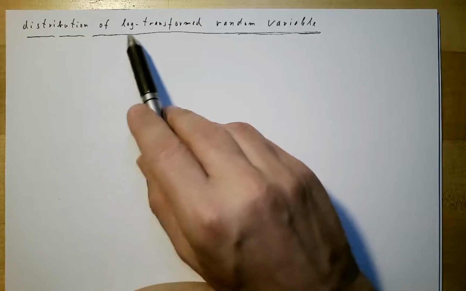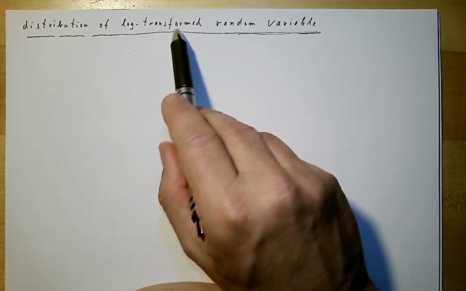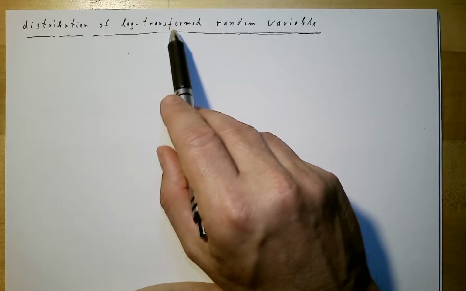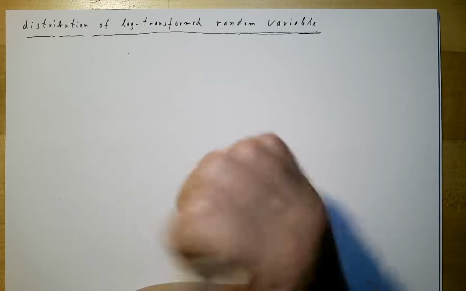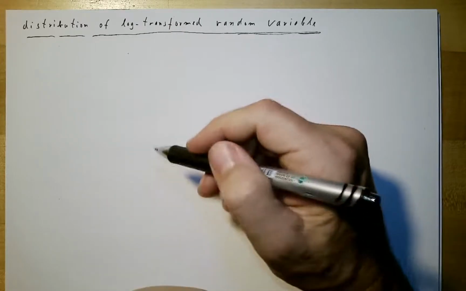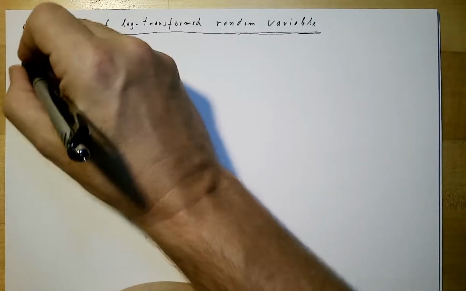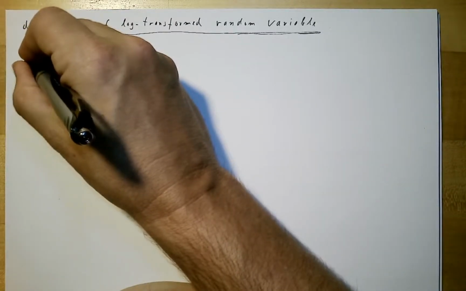And the reason is that the log transform is an important transformation in practice if we have random variables which go over many orders of magnitude.